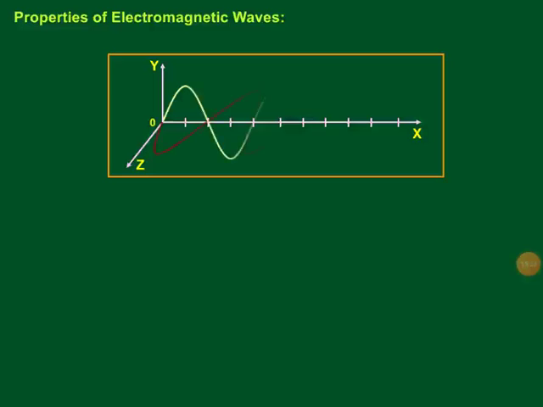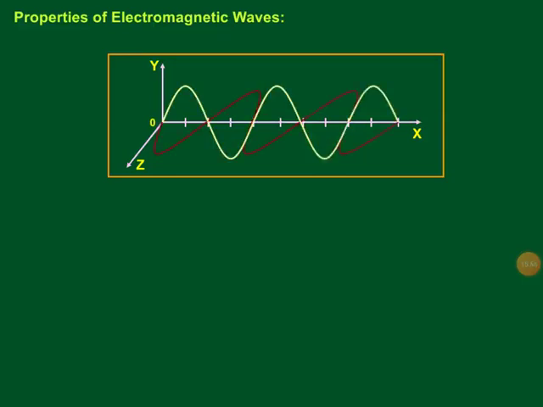Now see this wave, the yellow or the white wave is the electric field, and the red wave is the magnetic field. That means the electric field is varying with time along the xy plane, whereas the magnetic field, the red wave, is varying in the xz plane.